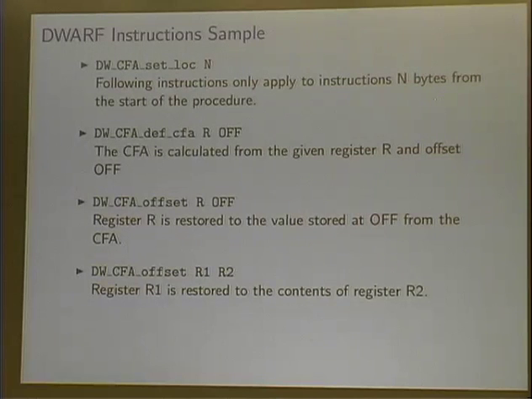So that's for moving around which row of the table we're referring to. We talked about the canonical frame address earlier, sort of roughly corresponding to the base pointer, the base of a call frame. We have an instruction that sets how the CFA is calculated from a register and an offset off of that register. And then the basic ways that registers are restored is registers are restored either from some offset from the CFA, stored on the stack, or copied from another register.